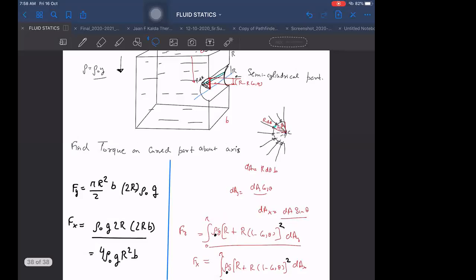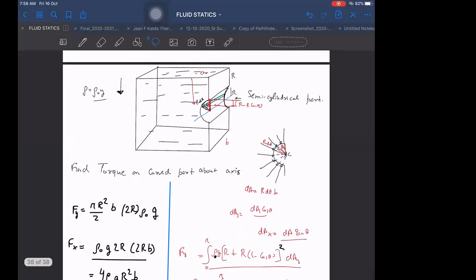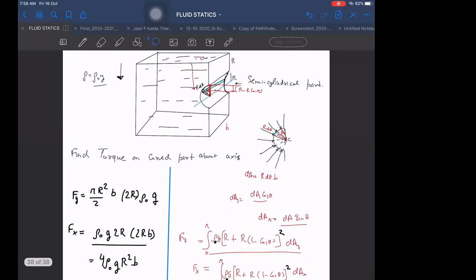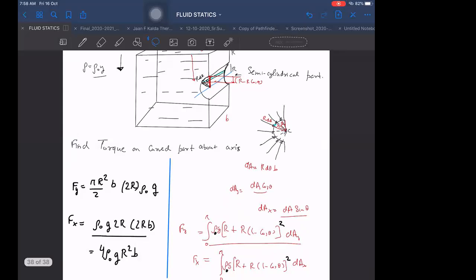What do I want to find out? Force. Force is equal to pressure times area. Okay, understood. So I write rho naught into 2R into G into 2R. Sorry, I should write rho naught into 2R also here. Then it will become 8R cubed. What are you getting for Fx?